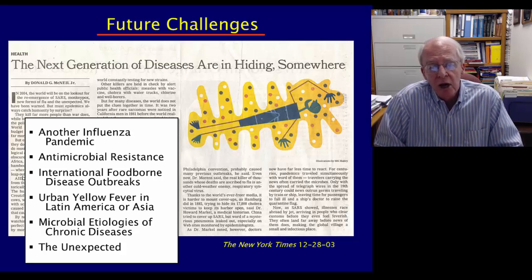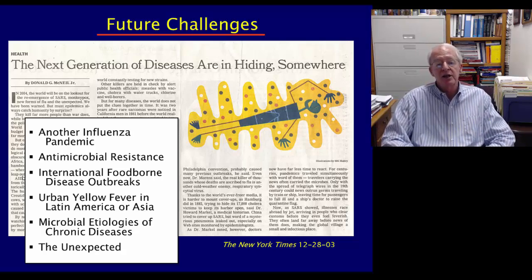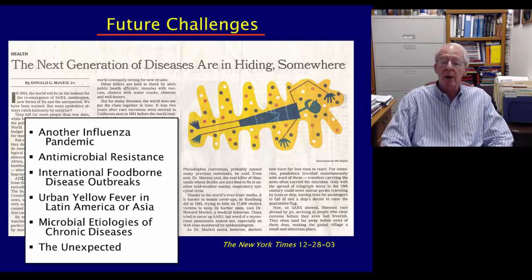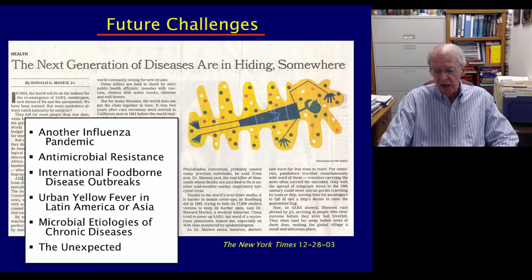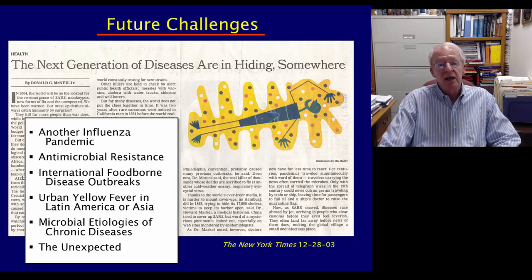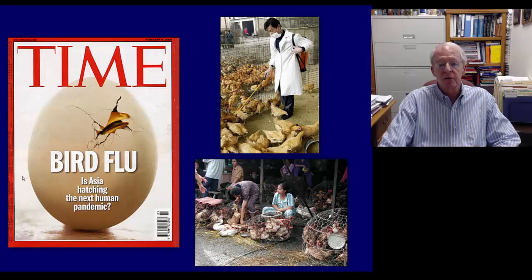Beyond the scope of this talk, I think we're going to continue to be surprised by the role that infectious agents play in chronic disease, and in fact the role of the microbiome in chronic diseases.